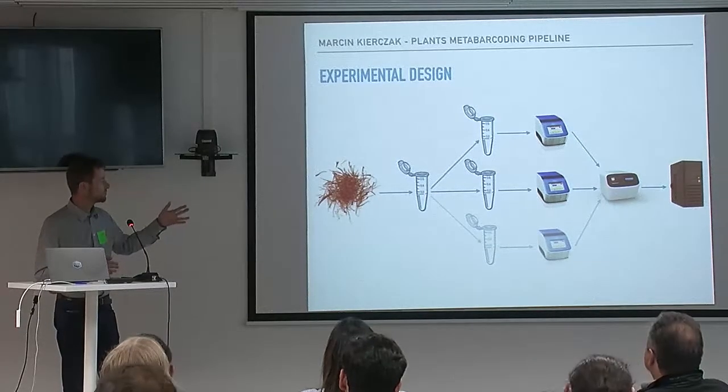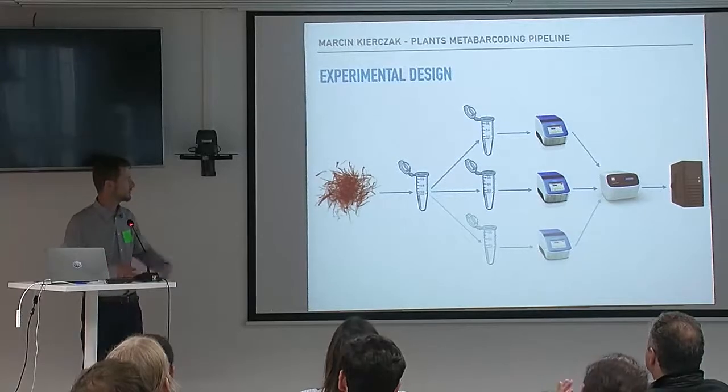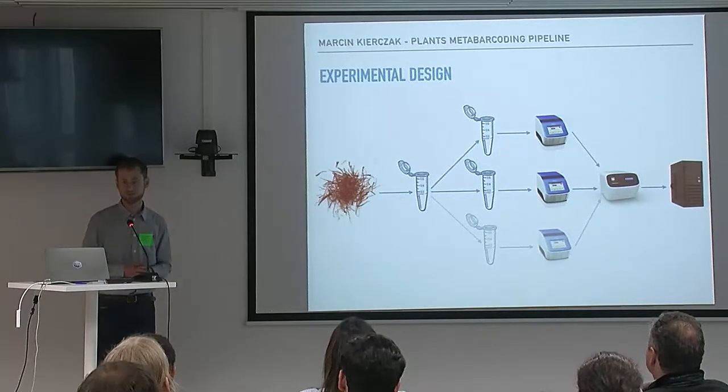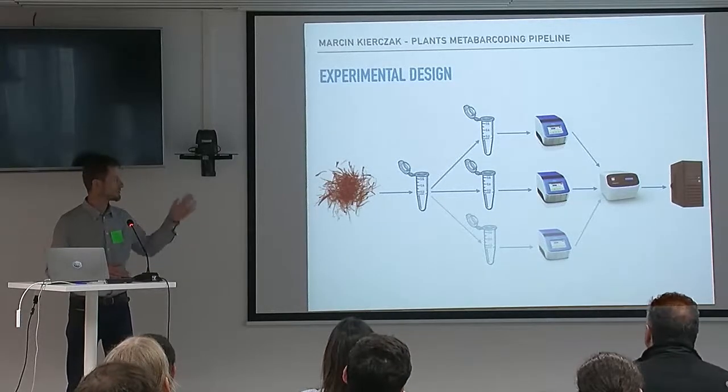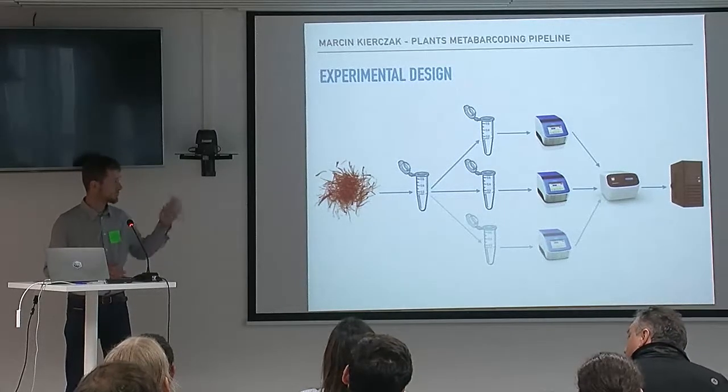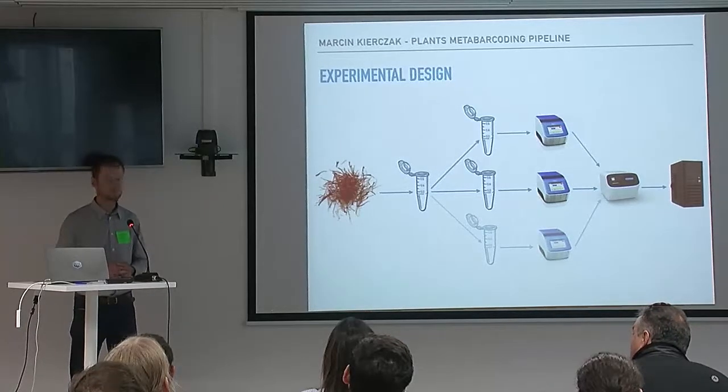Then what we do is DNA extraction, and the setup is that we generate a number of technical replicates. In our current setup, it's 3 different replicates. We prepare libraries, then we send them for sequencing.